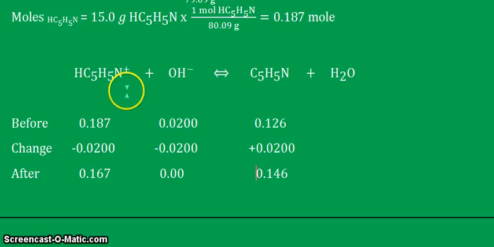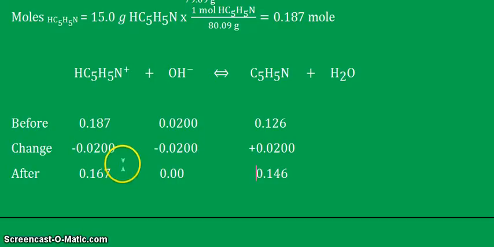So 0.187 for the conjugate acid, which will react with 0.0200 moles of the hydroxide upon adding the strong base, and it will result in the pyridine, with 0.126 moles initially. We don't have any value for the water since we don't include water in the equilibrium equation. Any pure liquid or any element in its pure form is not included in the equilibrium equation.